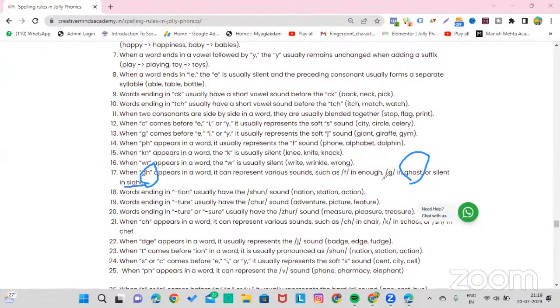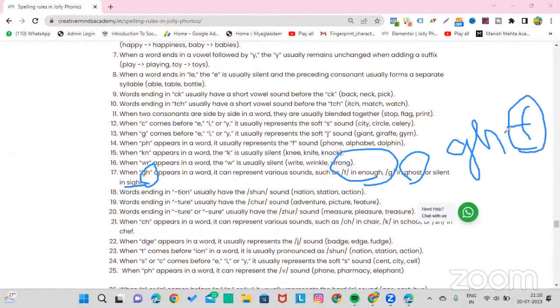Okay. So let's take the first possibility. Can you give any other word where GH is giving the sound of letter F?